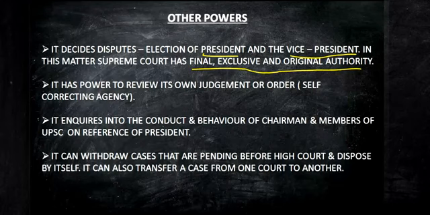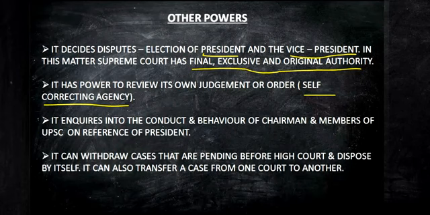Is it clear? Then in the same way, the Supreme Court is also called a self-correcting agency. Now what do you mean by self-correcting agency? Self-correcting agency means the Supreme Court has the power to review its own judgments or orders which have been given earlier. Let me give you an example.